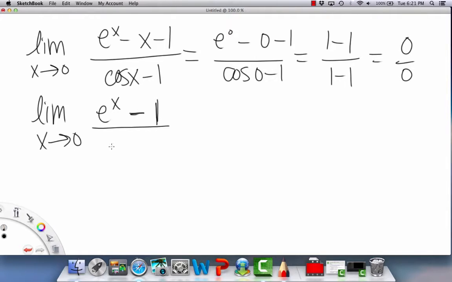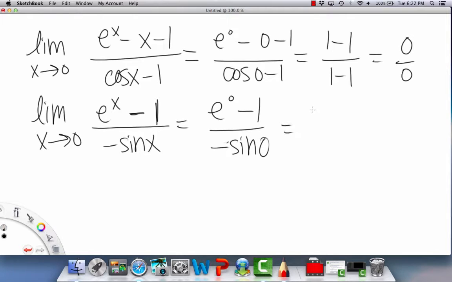Okay, and that is put over a negative sine x, right? So let's try it now. Now we have e to the 0 minus 1 over negative sine of 0, and this equals 1 minus 1 over, that is 0 as well. So we get 0 over 0 again.